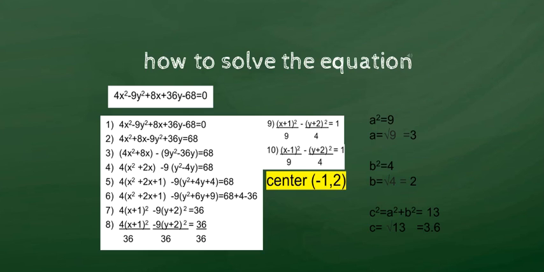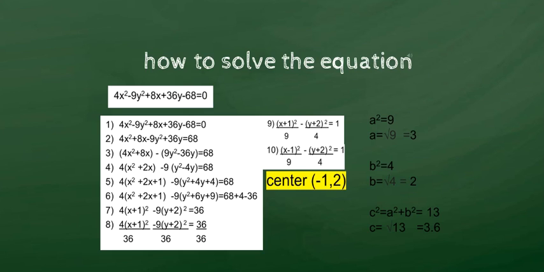To solve this equation, I am going to use the standard equation of a hyperbola applied to my equation. Based on the formula, I am going to substitute the values. To find the center of a hyperbola whose center is not 0, we are going to take the numbers that are in parentheses, but without the variable.